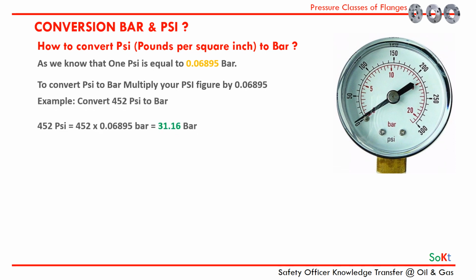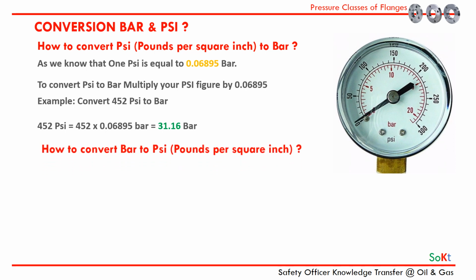So let's say for example, we have to convert 452 PSI and we need to check how much it's coming in bar. It's very easy. 452 is the PSI value we will put there and we are going to multiply by 0.06895 bar and the answer will be 31.16 bar.